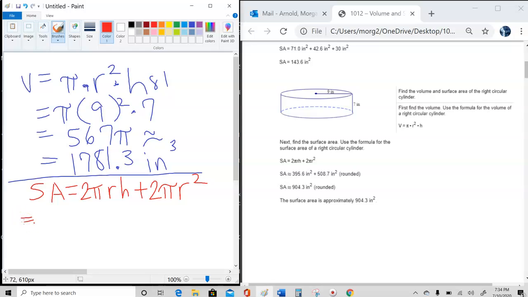So we just plug all of our given information into our surface area formula. So we have 2 pi times 9 times 7 plus 2 pi times 9 squared.